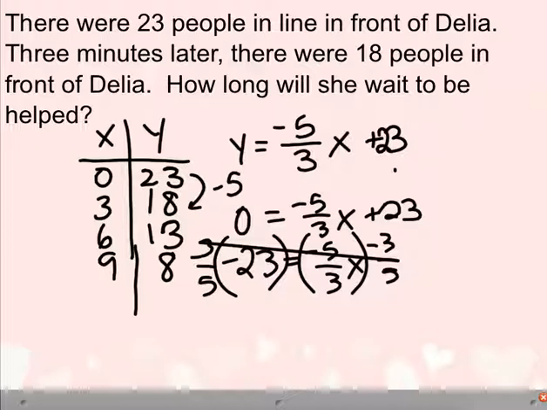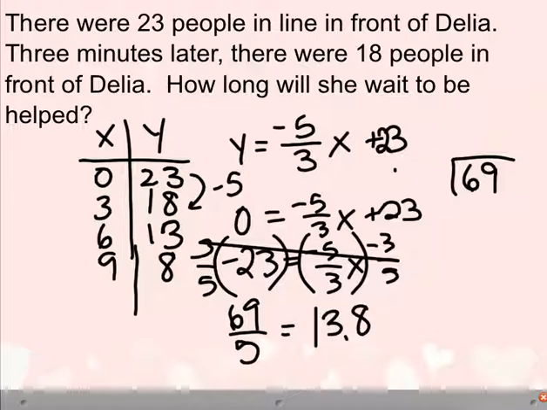So we multiply out, and we say -3/5 times -23. So that's a positive 69 divided by 5. It's not going to be a full minute. We get 13.8 minutes. So we can see how we can also go down with these direct variations. It's a little bit harder when we don't start at 0 at the origin, but we still can get an x value of how many minutes it takes.